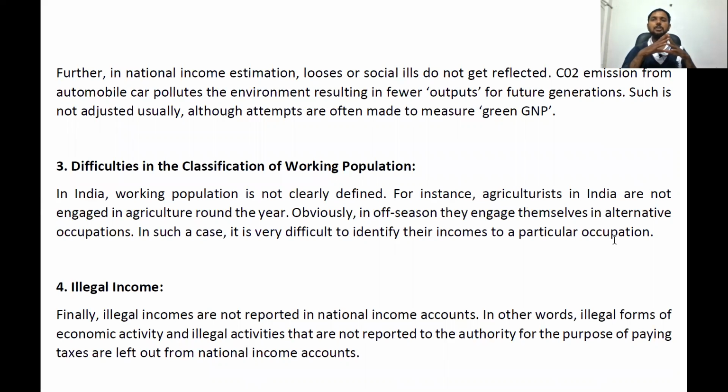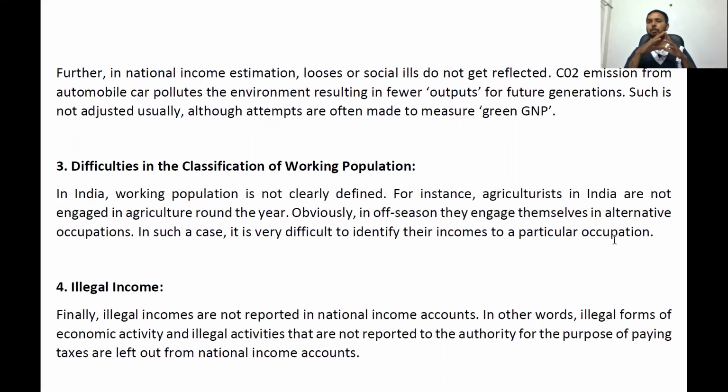So guys, based on the explanation, we can see that there are a lot of farmers in our country who do farming only in a particular season. The rest of the months, they are engaged in different activities to earn money.